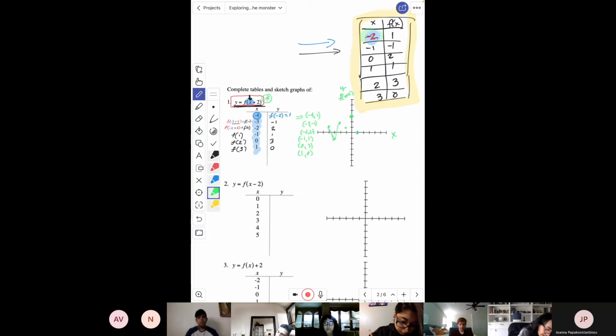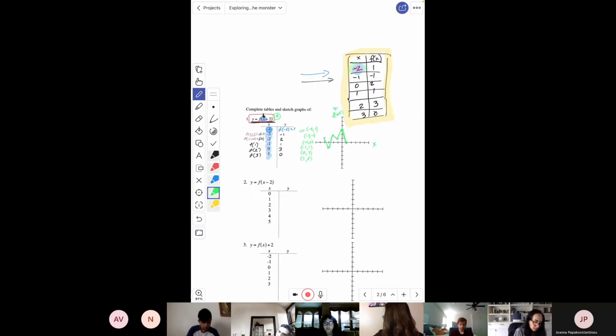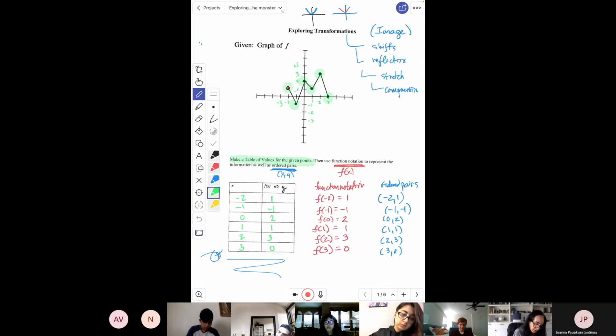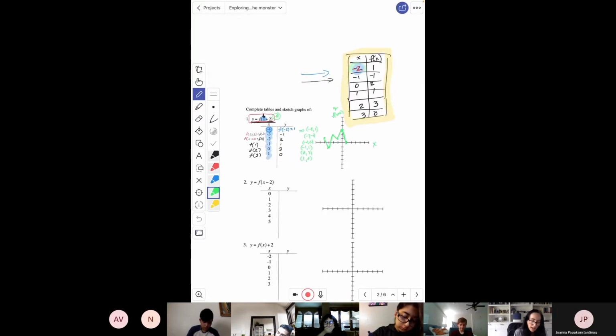And if I connect these, how does that compare to my original function? What have I done to my original function? Well, that was my original function. What have I done to it? What does it look like I've done to that graph?